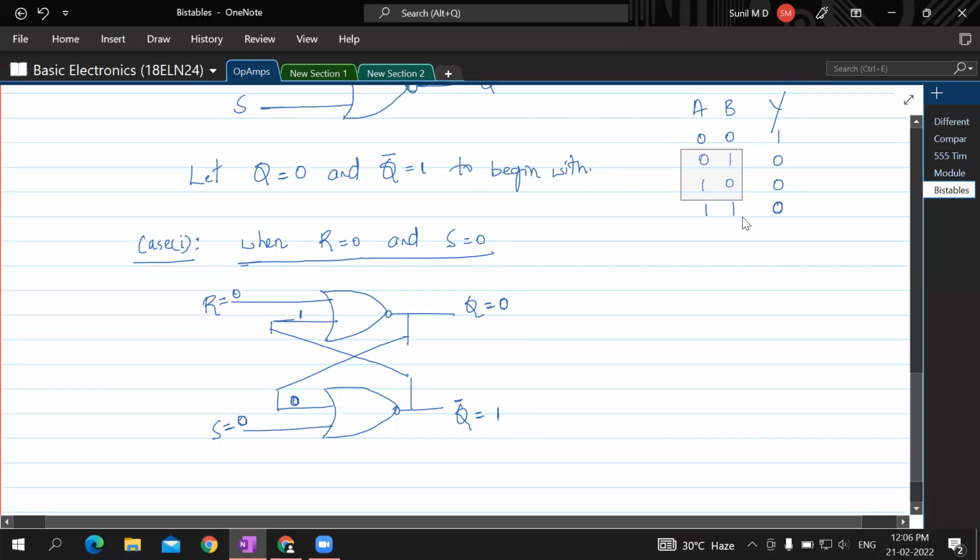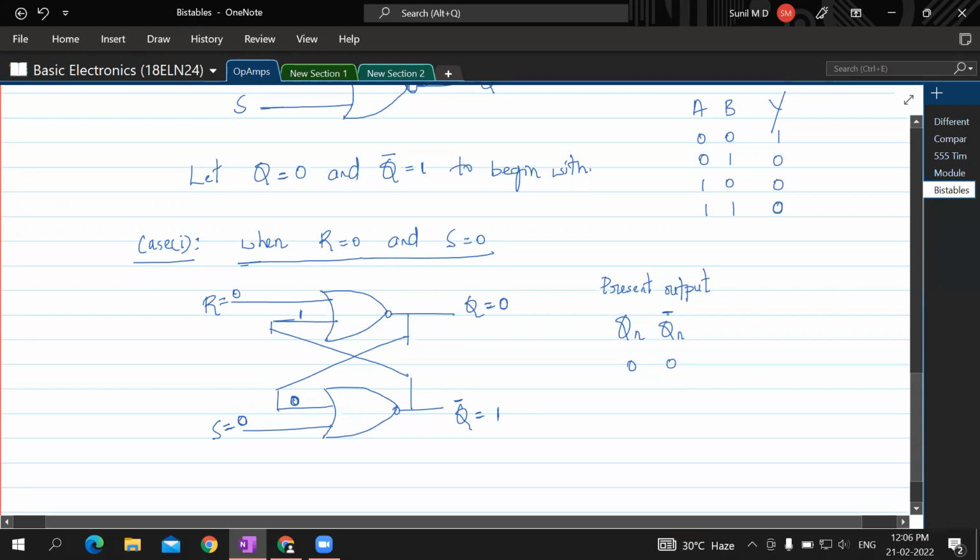If any of the inputs is 1, the output is 0. Here one of the inputs is 1, so obviously the output would be 0. So the present output was 0; here Q n and Q n bar were 0 and 1. We can call them present outputs.